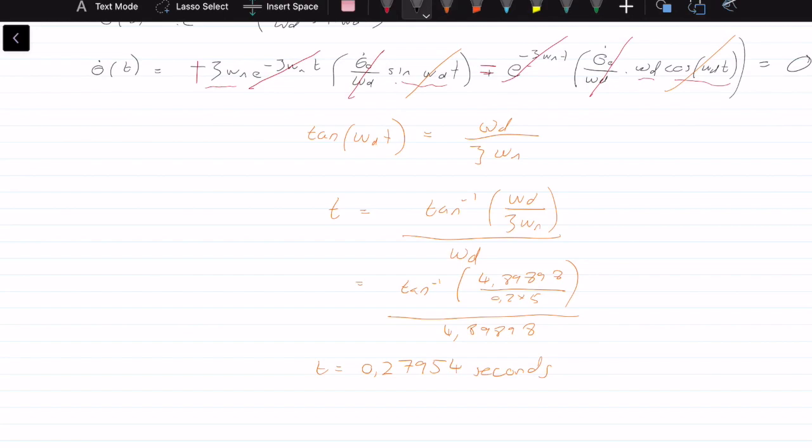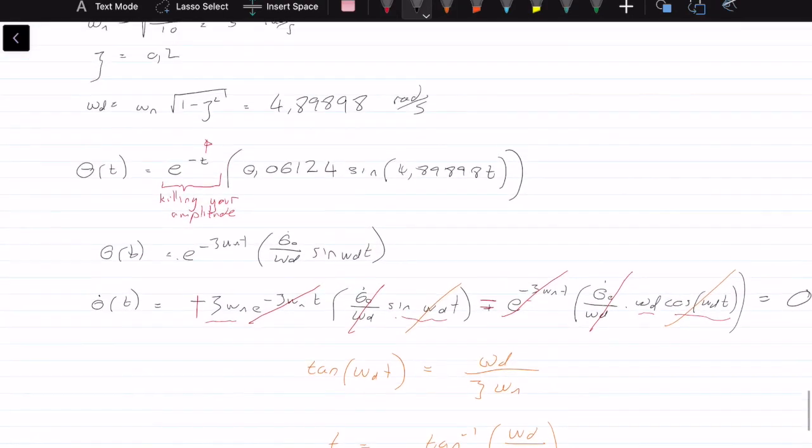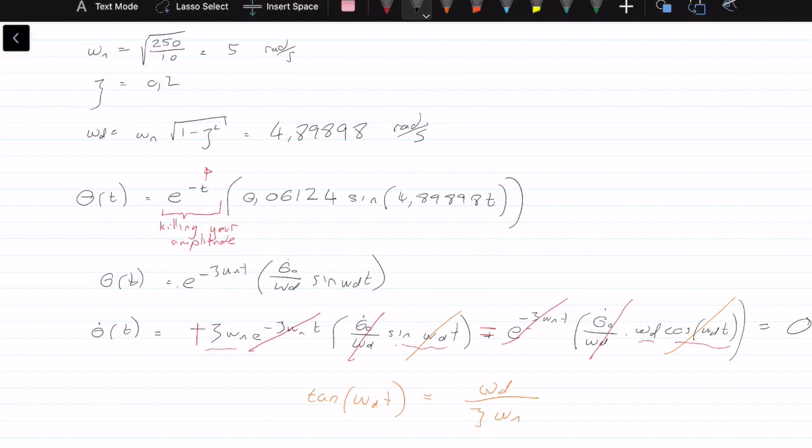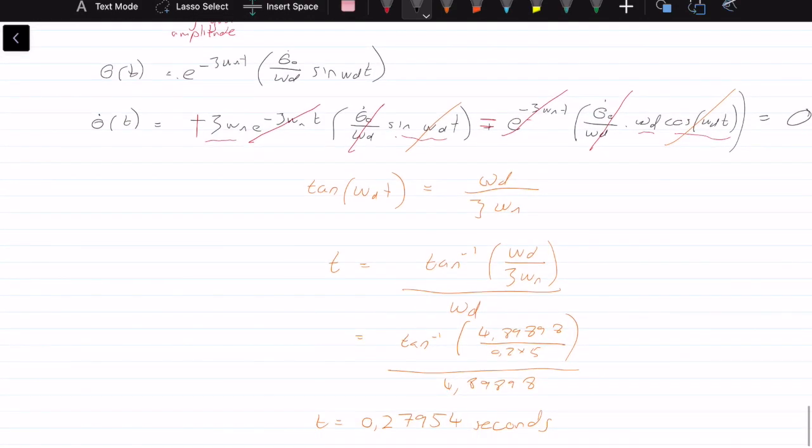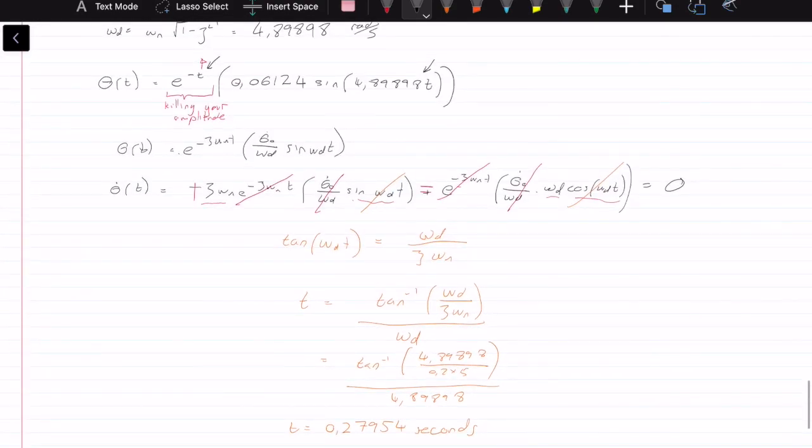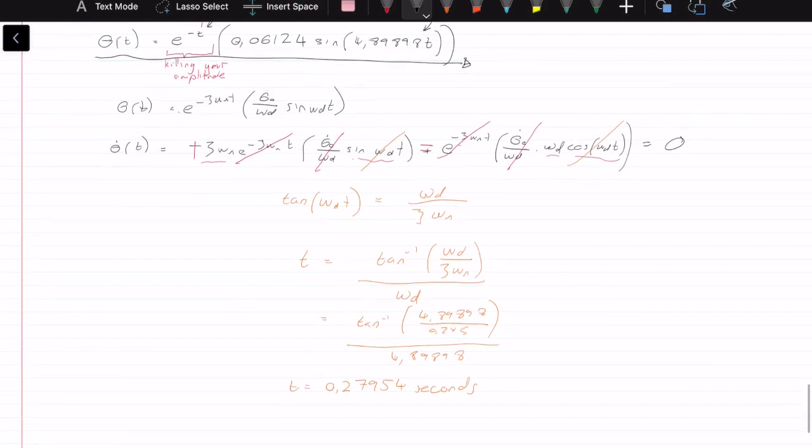So with this time, we can plug our value of t into here and here, and we can get our theta at t max. This here was our system response quite nicely, and theta max is going to be equal to, let's plug in the answer.